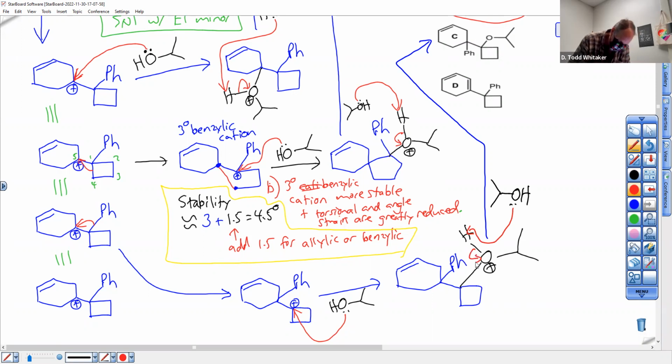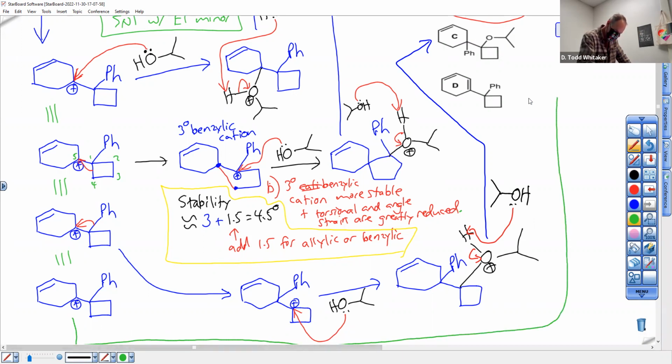We're hoping this mechanism shows up, right? And this is going to go straight to D. Oh, I don't want arrows touching and stuff. How do you get from there to there? It's E1, by the way.